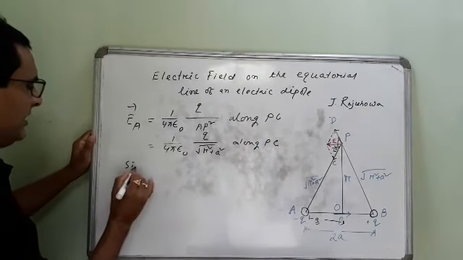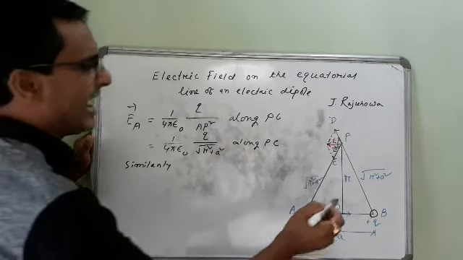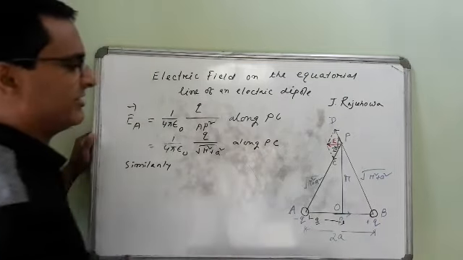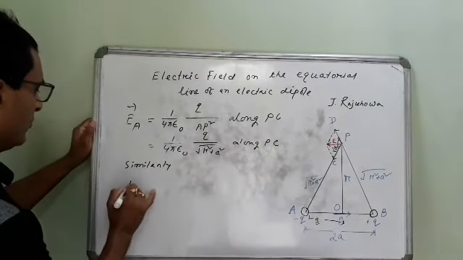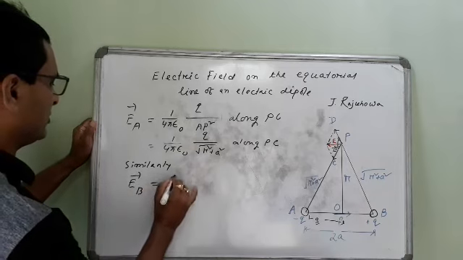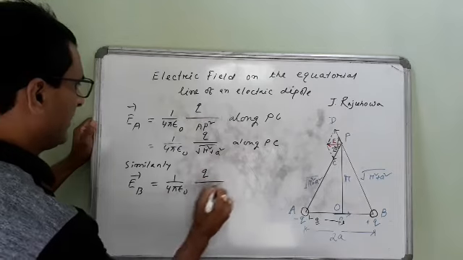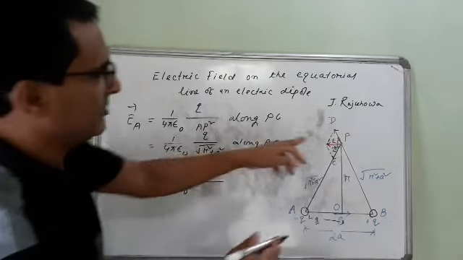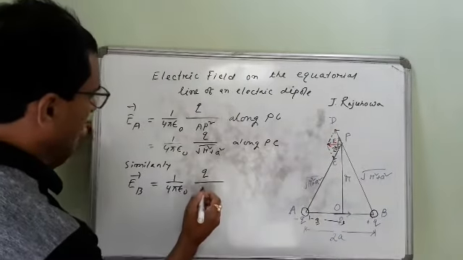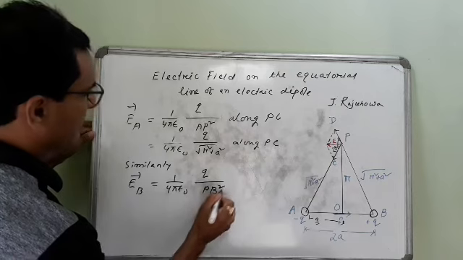Similarly, the electric field at P due to the plus Q charge of this electric dipole AB will be EB, say, which is equal to 1 by 4 pi epsilon naught, Q by the distance between this point and the Q charge, which is PB. So here we write PB squared.